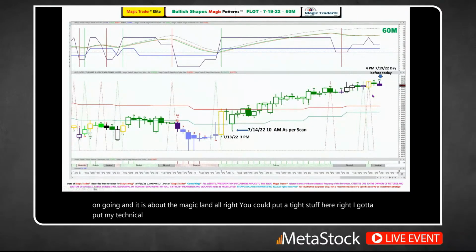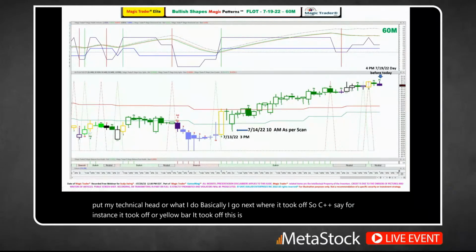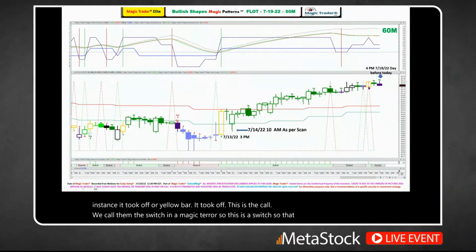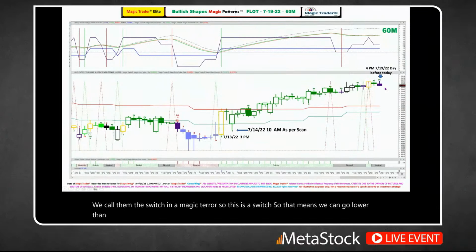Or what I do, basically, I go to where it took off. So C++, say for instance, took off, or the yellow bar took off. We call this the switch in Magic Trader. So this is a switch. That means we can't go lower than that. I will not tolerate it if it goes below that. I'll re-enter it, then I become a day trader.